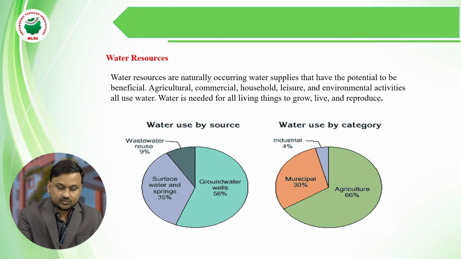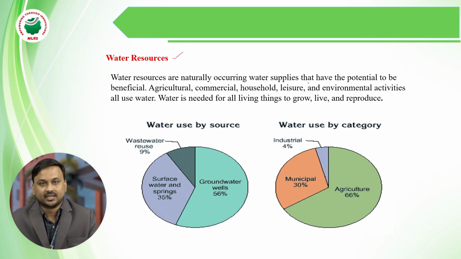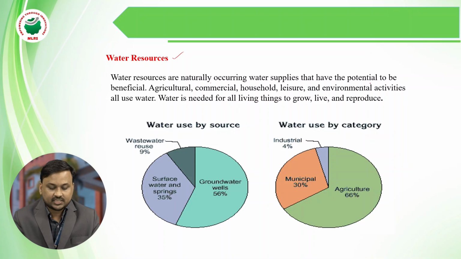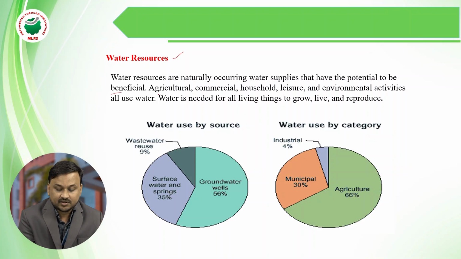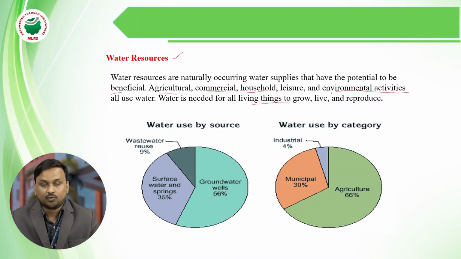Next, water resources. These are naturally occurring water supplies that have the potential to be beneficial. We use this water mainly for agriculture, commercial purposes, household use, and every environmental activity. Water is needed for all living organisms to grow, live, and reproduce.